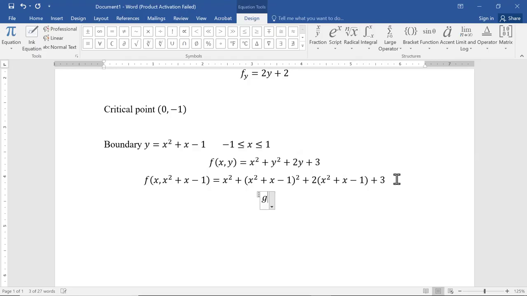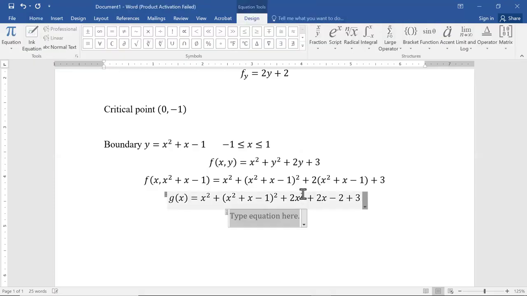So let me state this. We're getting a new function in a single variable, which is giving me the exact function I have, but just on the boundary. So we get x squared plus this whole thing squared plus 2x squared plus 2x minus 2 plus 3.